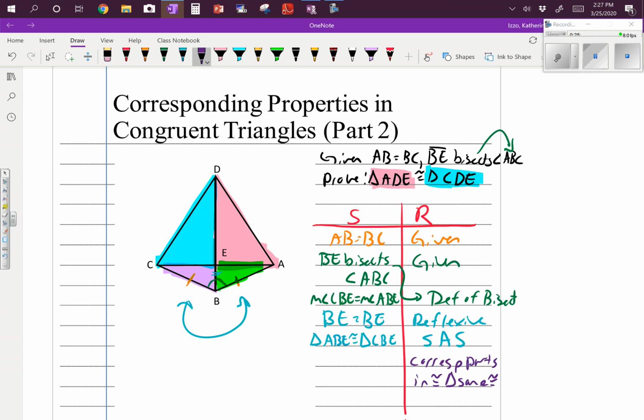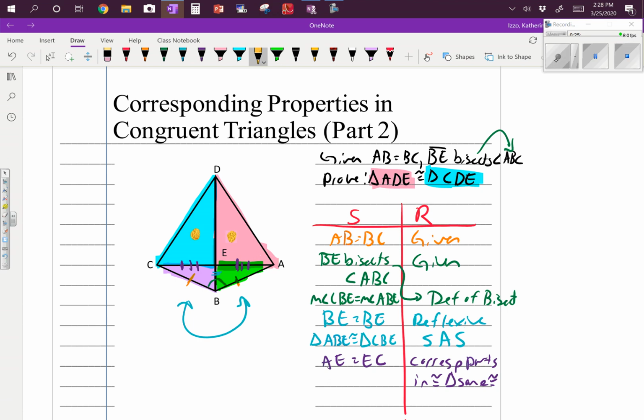Well, if you take a look, the green and the pink overlap on this side, and the purple and the blue overlap on this side. So based on this, I can say AE equals EC. Now I finally have a pair of sides in the pink and the blue triangles. That's very exciting.